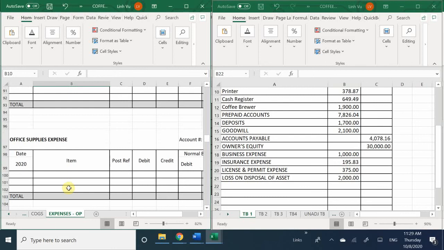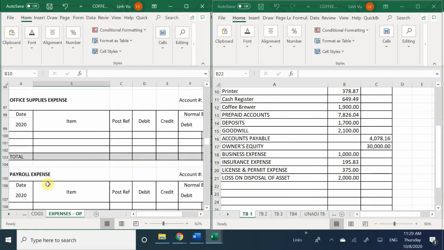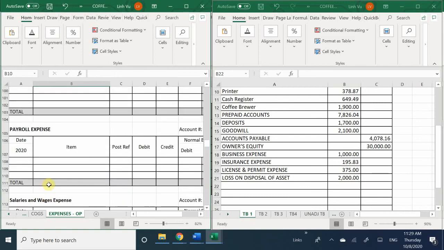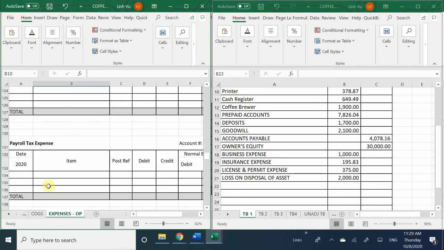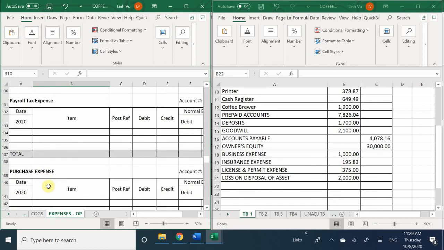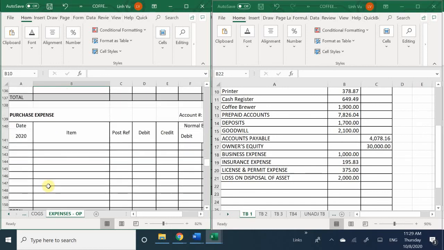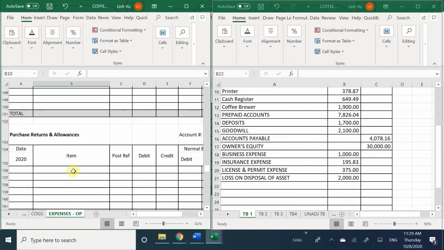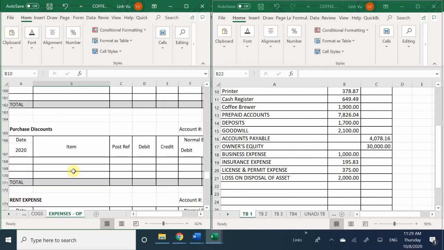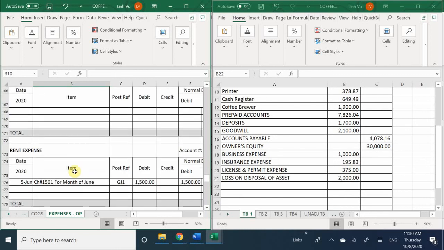Did we have any office supplies expense? Not that we know of. What about payroll expenses? Obviously, we haven't even talked about payroll yet. We don't even have employees yet, so we can skip all of that. What about purchase expense? Did we make any purchases yet? Not yet. Okay. We will start doing that next week. All right.